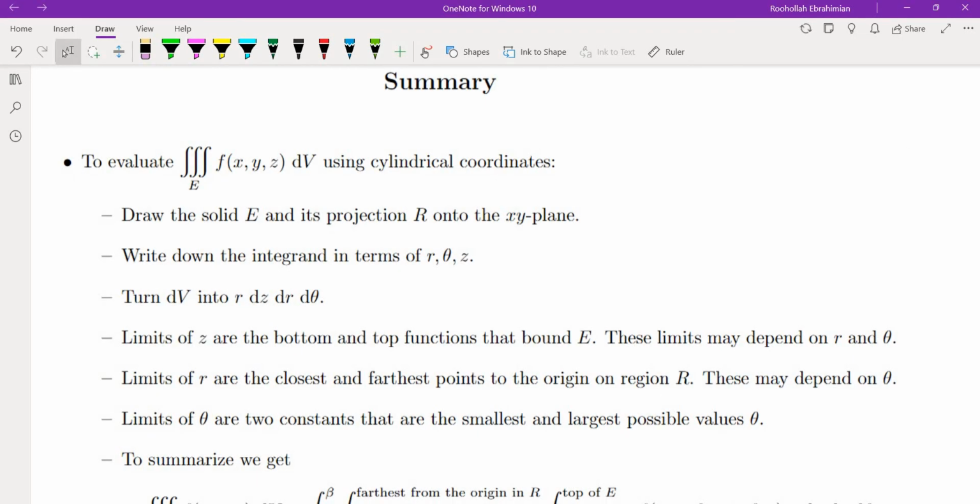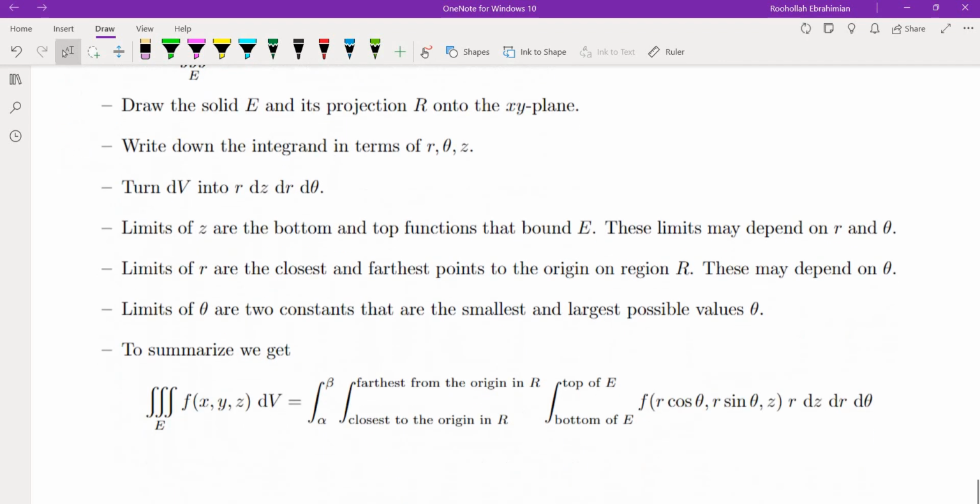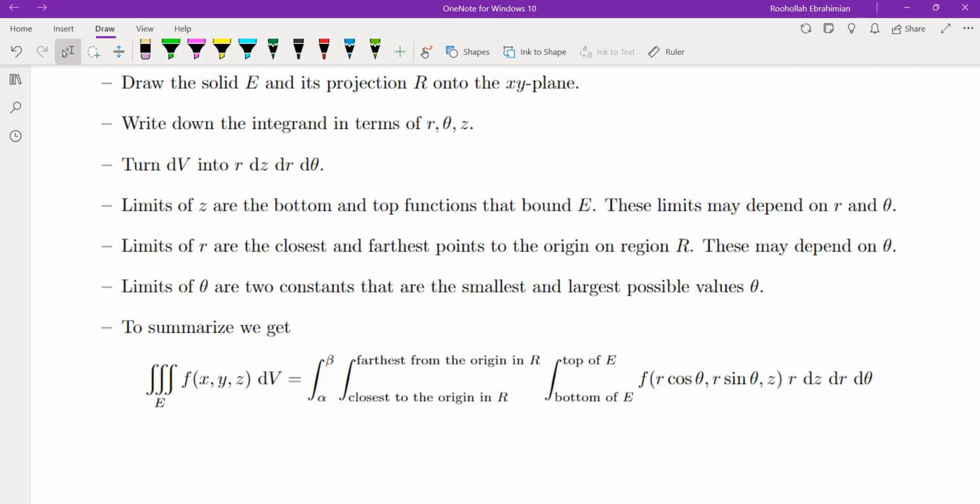So to summarize what we did today in this video, we learned how to use cylindrical coordinates. And the way you want to do that is to draw the solid E, draw the projection onto the xy plane, write down the integrand in terms of r, theta, and z, replace dV with r dz dr d theta, and find the limits of z by looking at the solid E. Top would be the upper limit of integration, bottom would be the lower limit of integration.